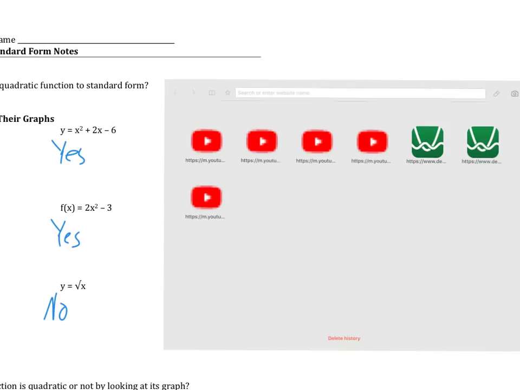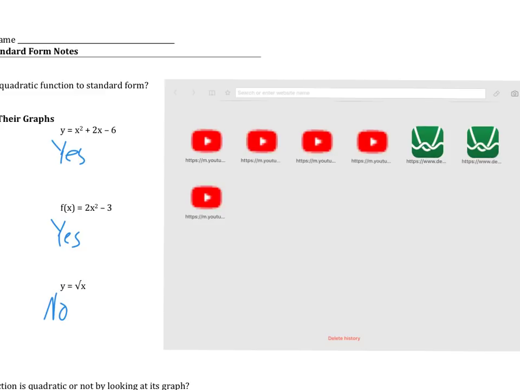All right, so our first one, let me turn these off real quick. So we have x squared plus 2x minus 6. Then we have 2x squared minus 3.